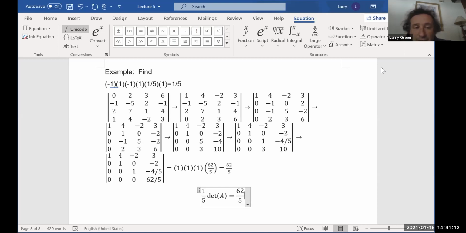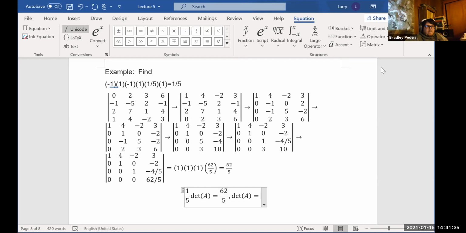Have I lost anyone on that idea? And now it's really easy. So what's the determinant of A? Would it be 62? Yeah, 62. Multiply left and right by 5. Hopefully that's easy for you.